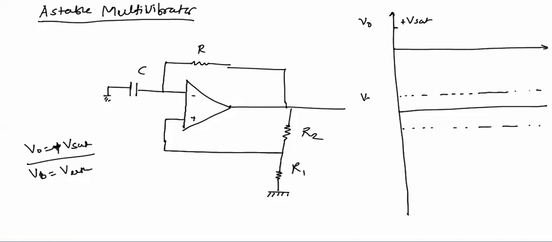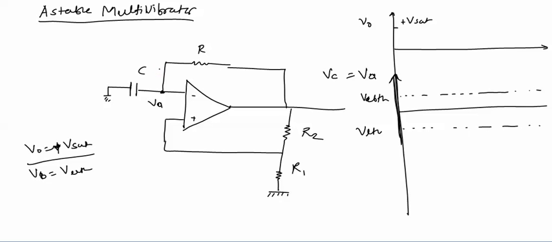We have drawn these two levels, VUTH and VLTH, and on this graph we'll be drawing the voltage VA, which will be equal to VC, that is the voltage across the capacitor.